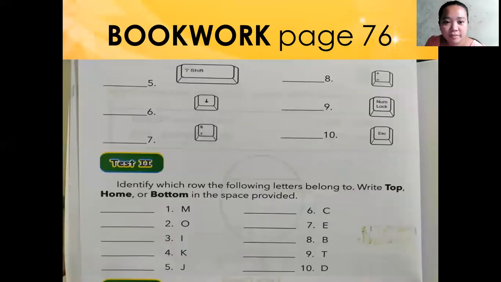Okay, in page 76, number 5, shift. Number 6, the arrow down. Next, number 7, the number 7 and end.